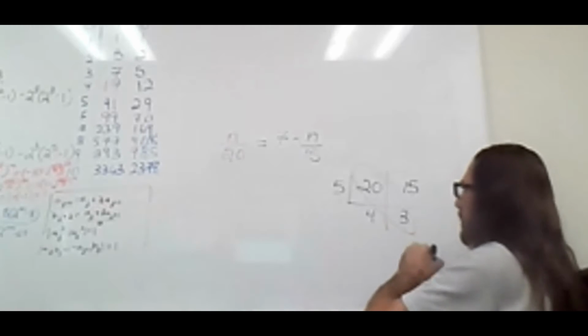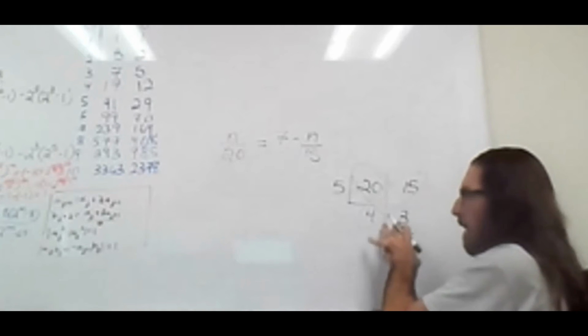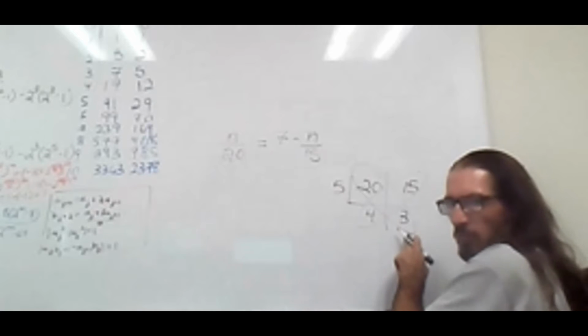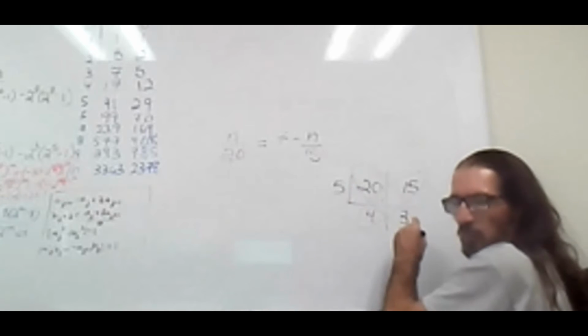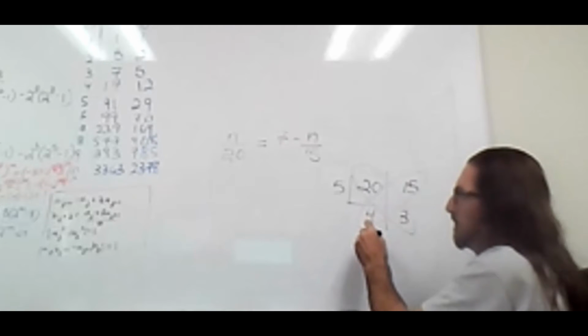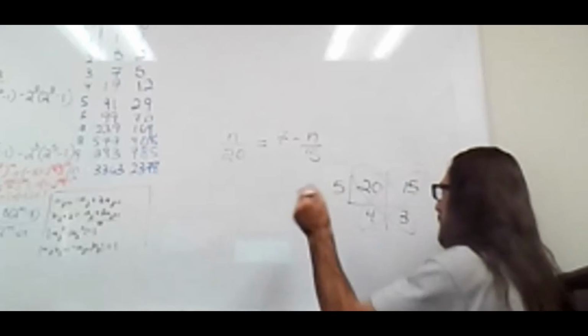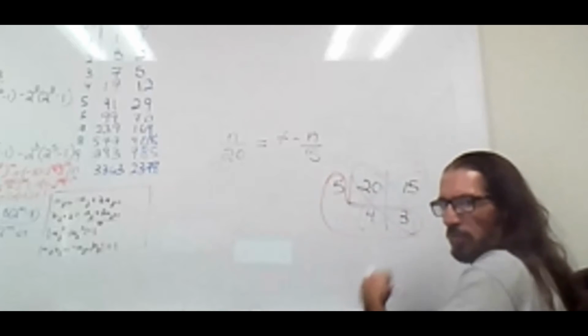And whether you look along diagonals, I've stopped with my dividing because the only thing that goes into 4 and 3 is 1. If I look along the diagonals, 20 times 3 is 60, and so is 15 times 4. I also get my 60 from looking along the left side and the bottom.